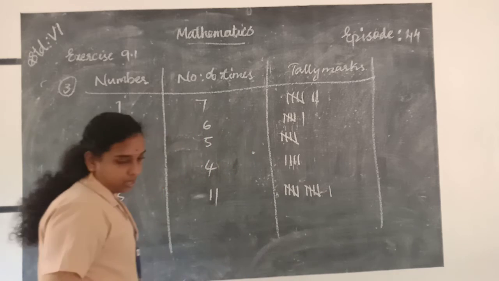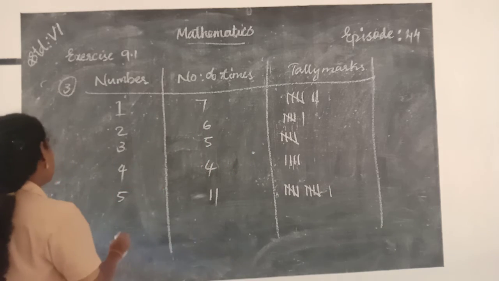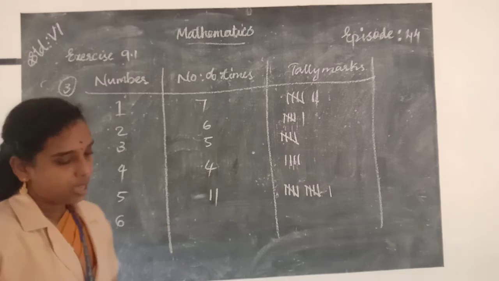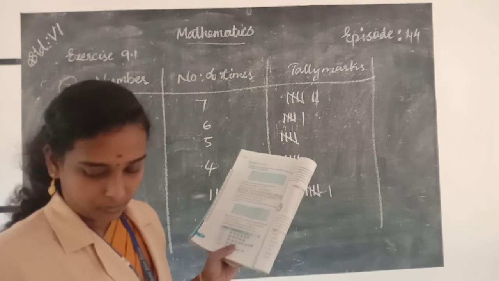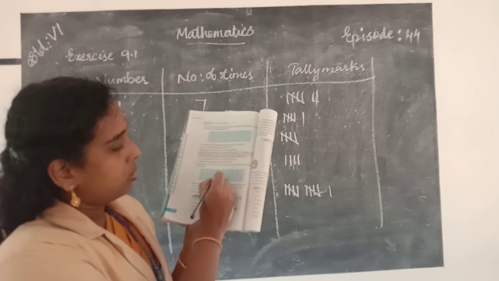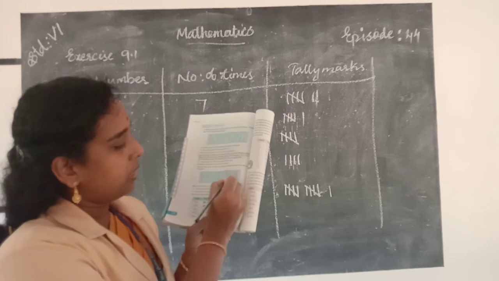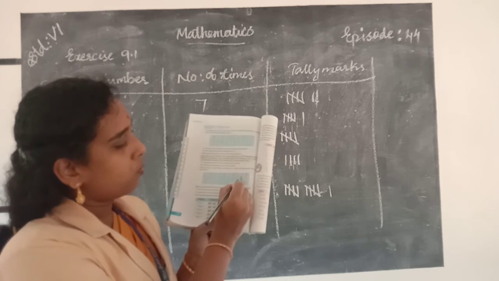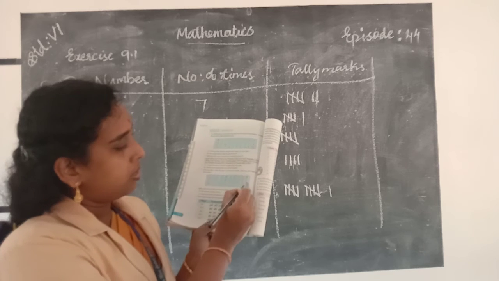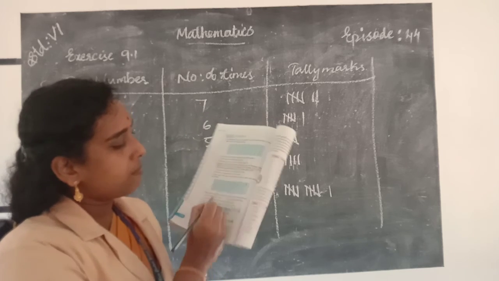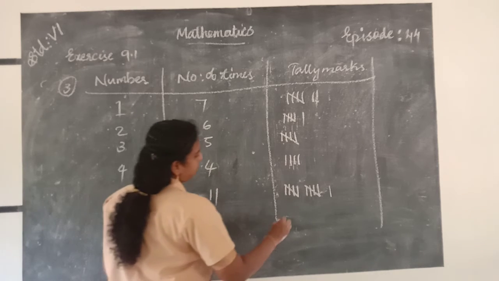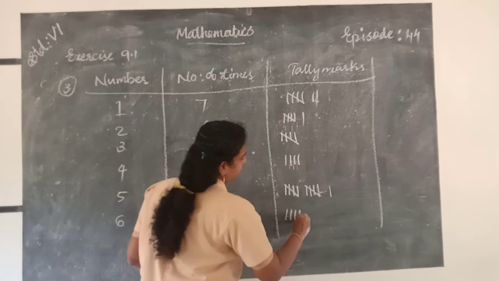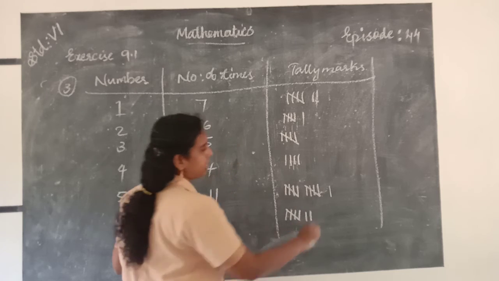Then the next and last number is 6, and the tally marks are 1, 2, 3, 4, 5, 6, 7.